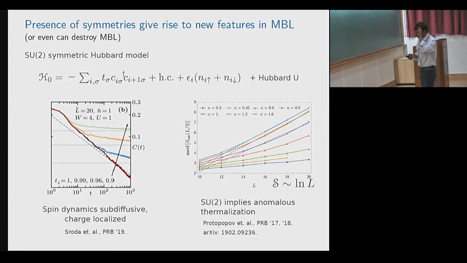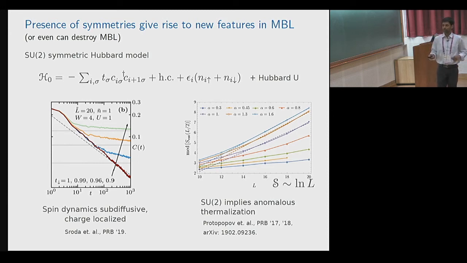Okay, so to start with, there is some work already. For instance, if you start with an SU(2) symmetric model, this is the spinful Hubbard model, where this t sigma is essentially controlling the SU(2) symmetry. You have a Hubbard U, and what has now been understood is that this SU(2) symmetric Hubbard model might not have any MBL phase at all. How so?